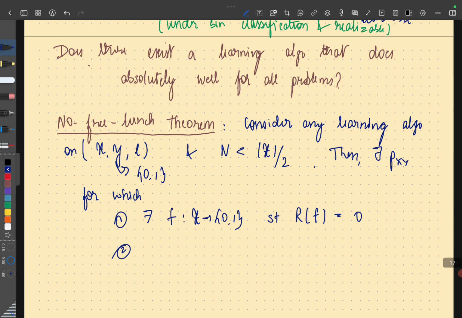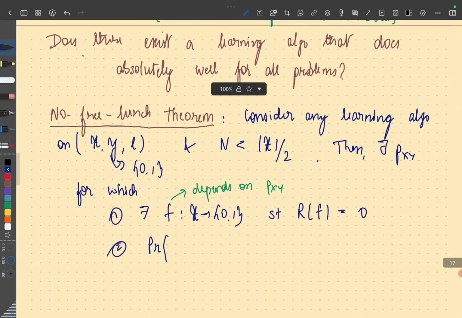So there is a perfect classifier for this joint distribution Pxy. But no matter what you do, the risk that your learning algorithm achieves will be greater than or equal to 1/8 with some positive probability.